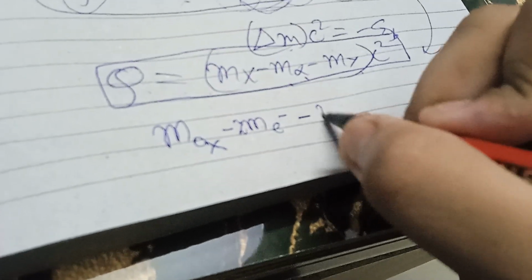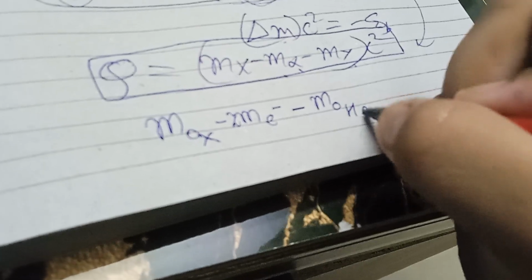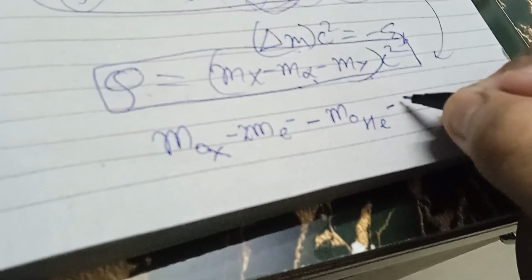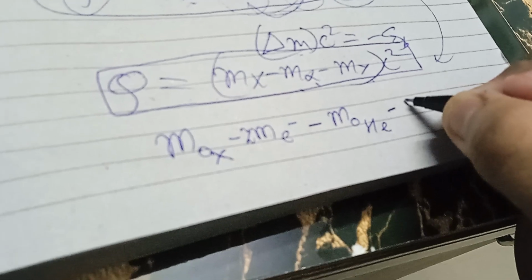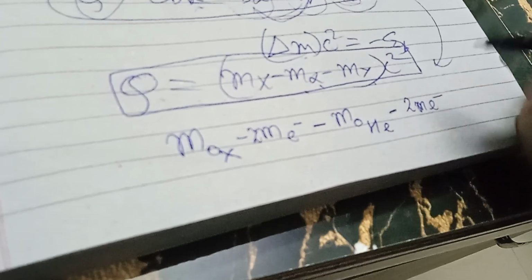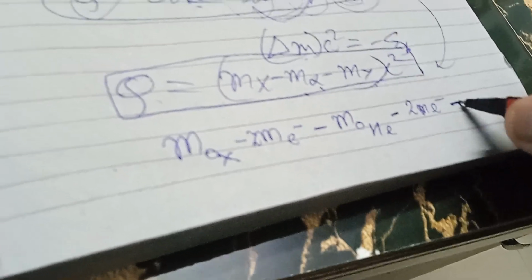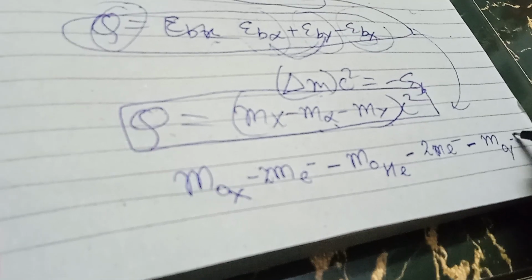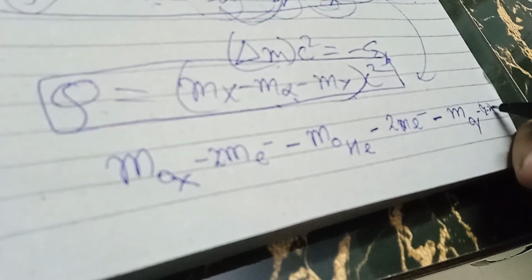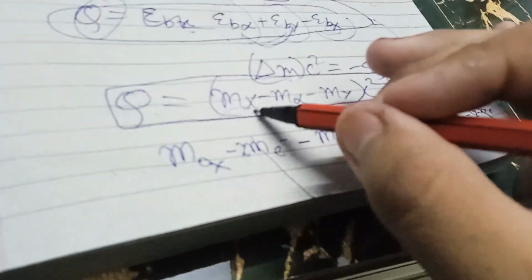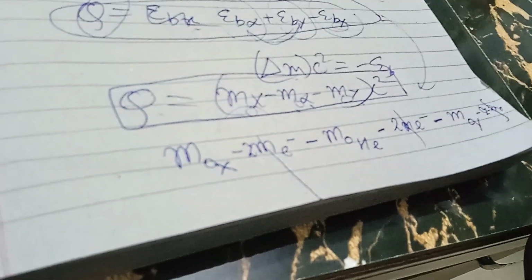Minus M_alpha is m naught of helium minus how many electrons? Minus, I guess, 2 electrons, minus 2 m_e, and minus m naught of Y minus Z minus 2 m_e. These two get cancelled, and instead of that we can simply put m naught.